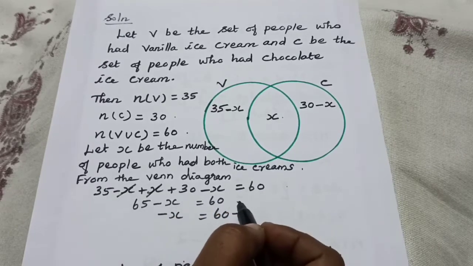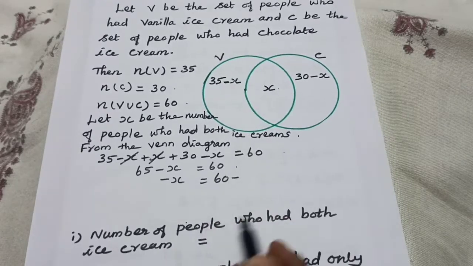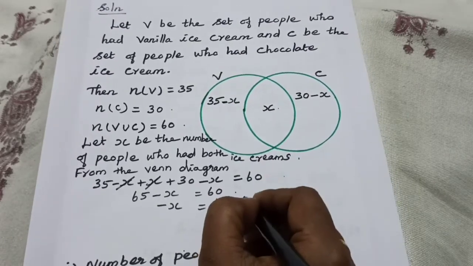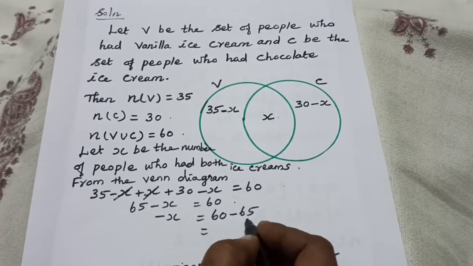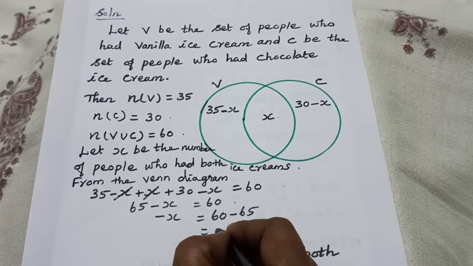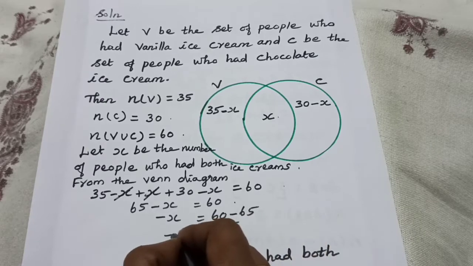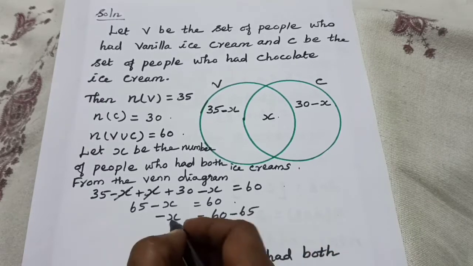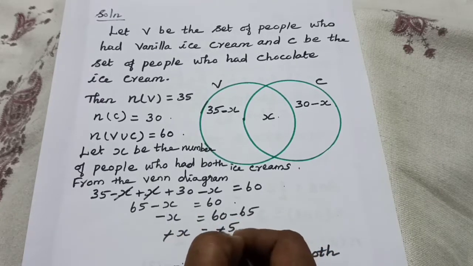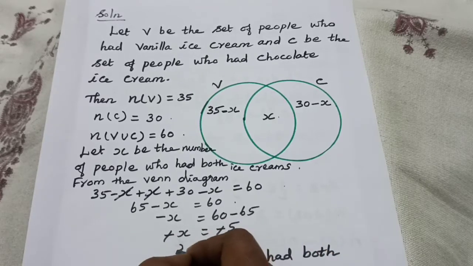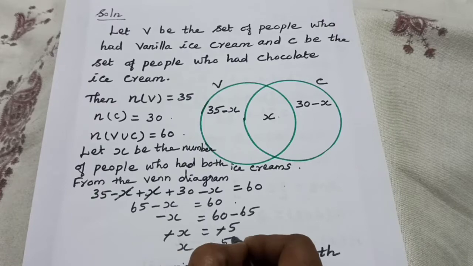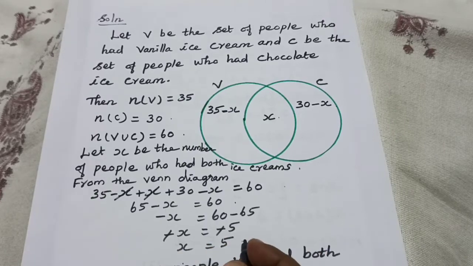Plus means the sign will change, here minus will come. Then 60 minus 65 is minus 5. Minus x is equal to minus 5. So minus minus we can cancel. Then we will get x equal to 5.